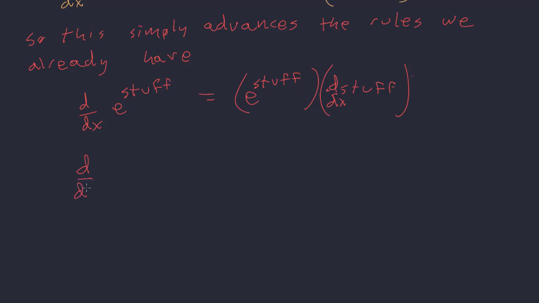So if I also want to do like the derivative of stuff to some power, let's say stuff to the 10th. Well, we're just going to differentiate this like normally, but we leave this stuff alone in the first step. So with our normal power rule, it's going to be, we'll move the 10 down. We raise it to the 9, but I'm going to leave the inside alone. So it'll be 10 times the stuff left alone to the 9, then times the derivative of the stuff.